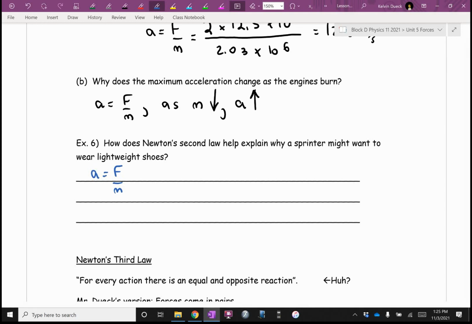You've lifted weights, you've worked out, you've maximized your strength, you've made your force as big as possible. How else can you control your acceleration? Lighter shoes, bigger acceleration. In fact, it's going to be the same thing. As M decreases, A increases.